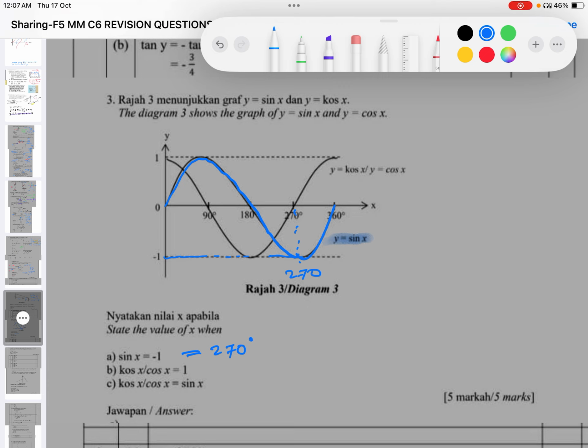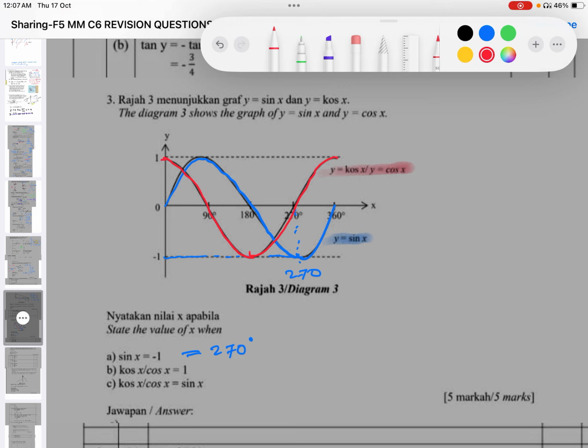Okay, next cos x is equals to 1. So kita tengok cos pula. So cos when the value is 1.